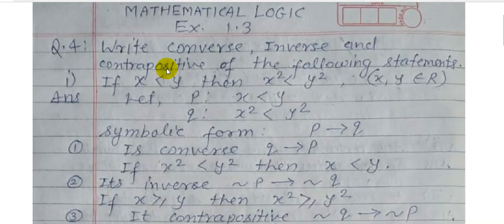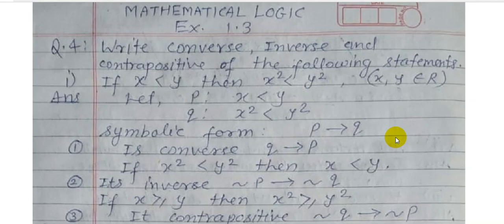For the contrapositive, we write the given statement in reverse order, Q conditional P, and apply negation on both sides, then we get the contrapositive. Like this, negation Q conditional negation P. So this is the contrapositive.